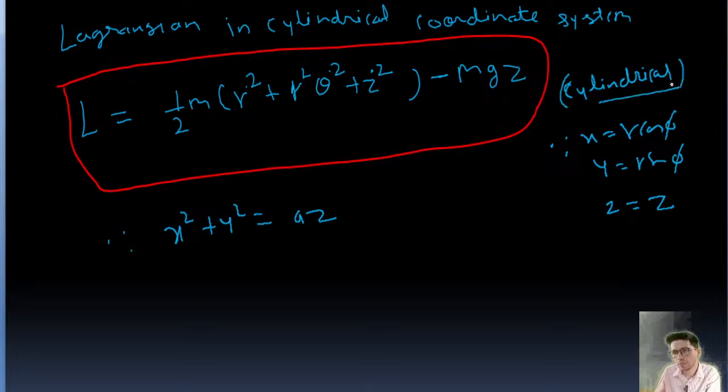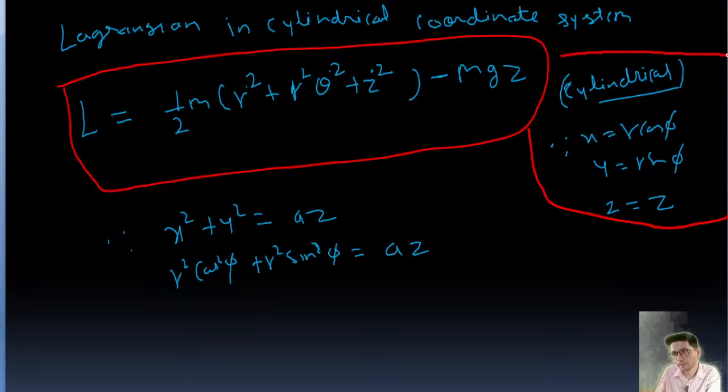Now we'll put the values here: r square cos square phi plus r square sin square phi is equal to az. This is in cylindrical coordinates, guys. Very important. I'm sure you know it, but I'm just writing it.